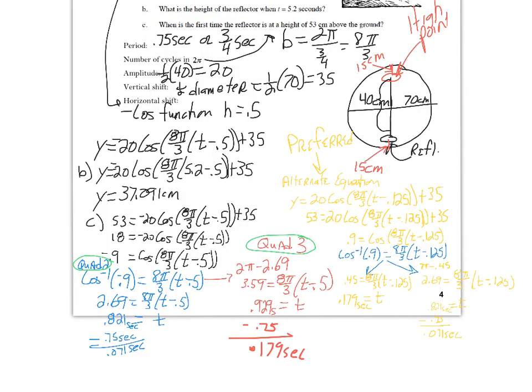So now you can take a look at your answers. I solved this two different ways. I solved this using a negative cosine equation here in the black, blue, and red. So you might want to take a little bit of time to review that work. Let me grab a highlighter.